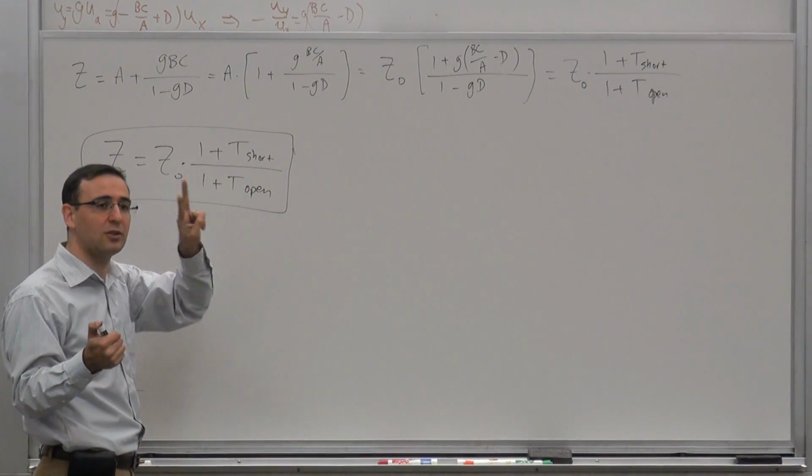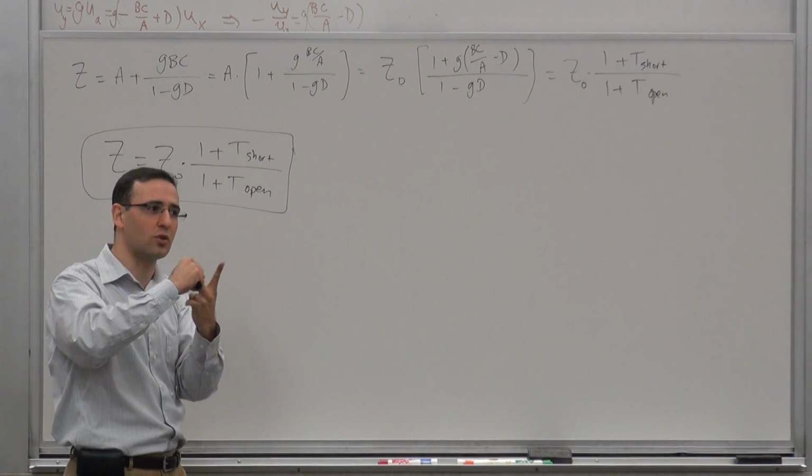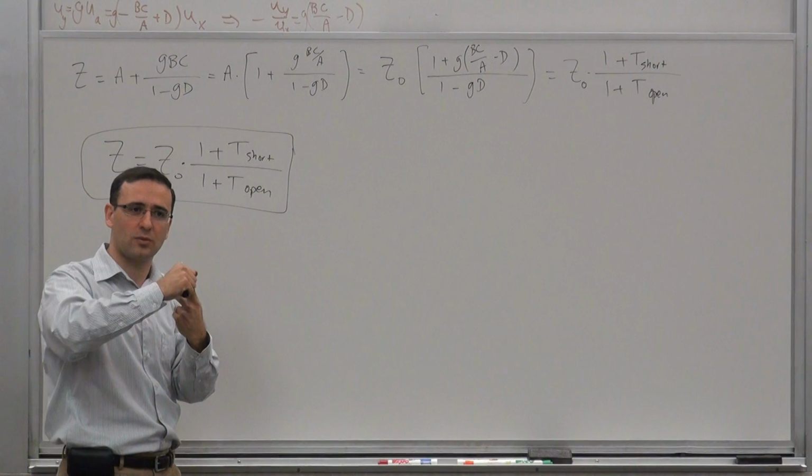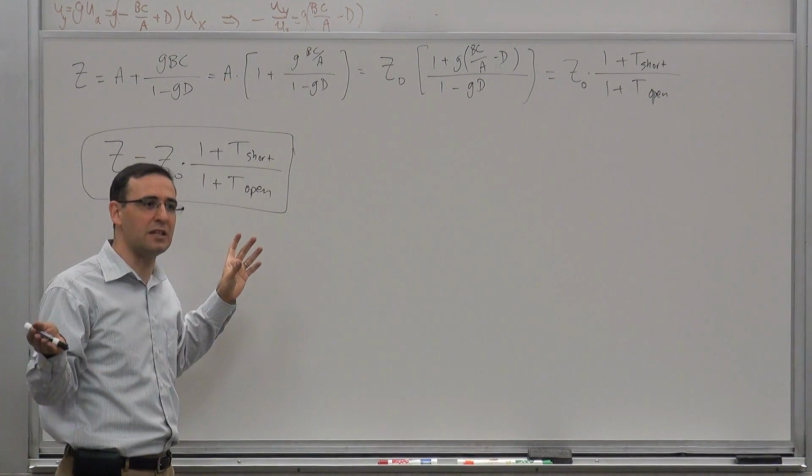You calculate two return ratios, one when that point is shorted, one when that point is open, and then multiply by what you see without the feedback.